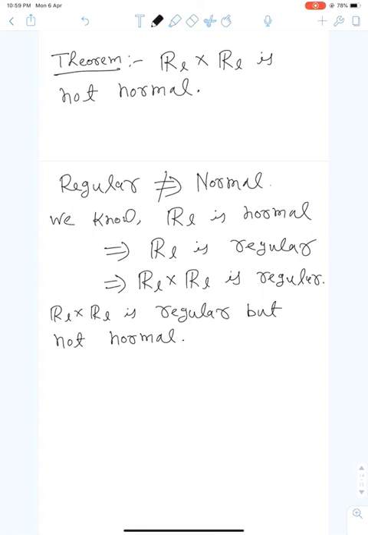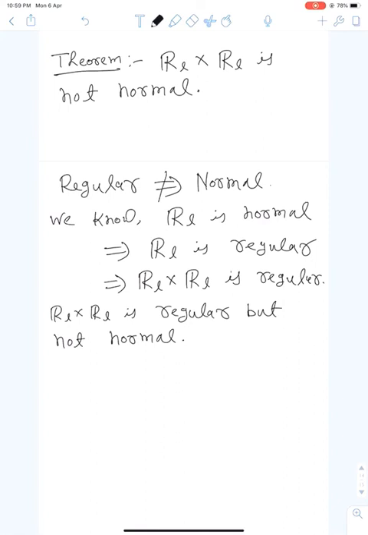And another one is, see, for the Hausdorff cases and the regular cases, we have seen that a subspace of a Hausdorff space is Hausdorff, and a product of an arbitrary number of Hausdorff spaces is Hausdorff. A similar result we proved for the regular spaces as well. That is, a subspace of a regular space is regular and an arbitrary product of regular spaces is regular.